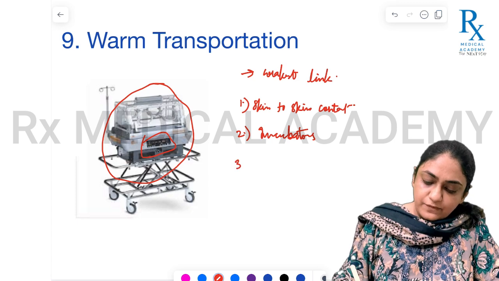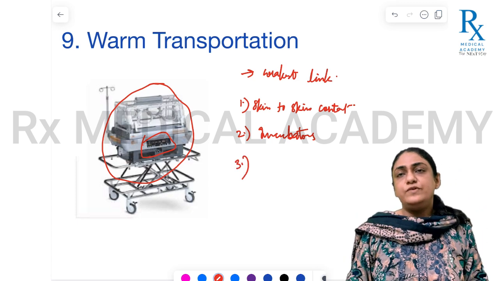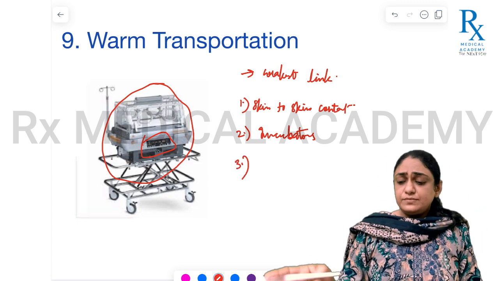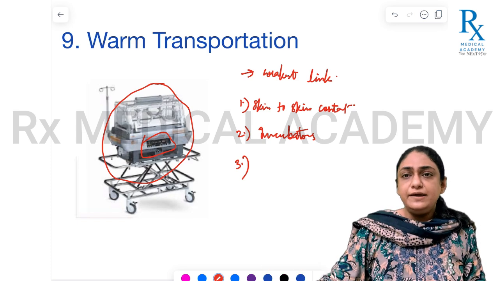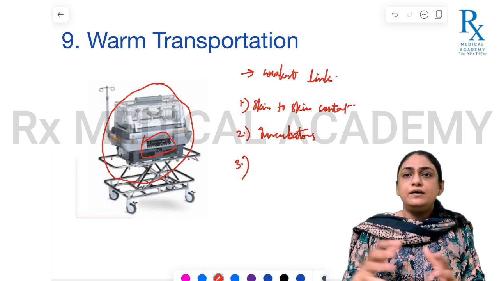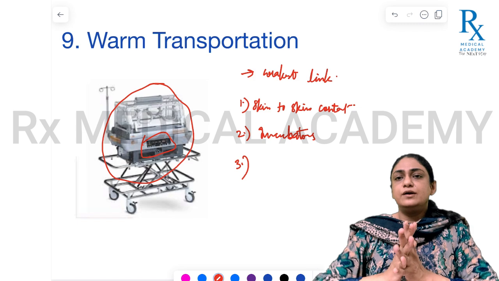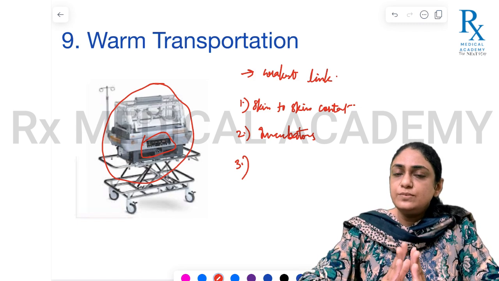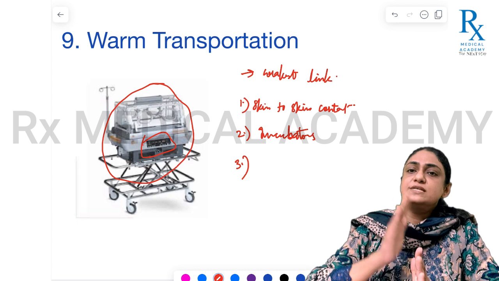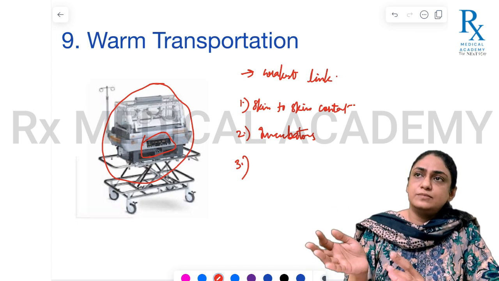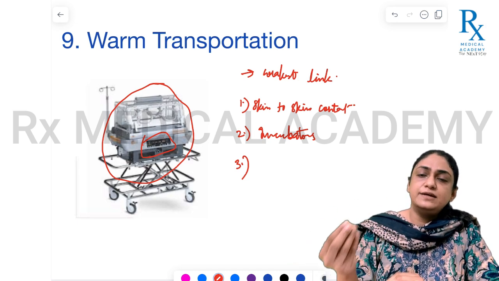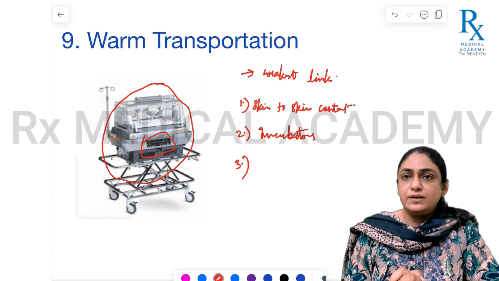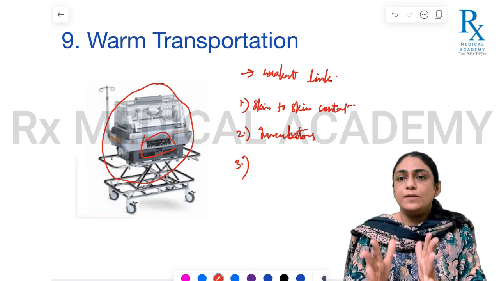Third is a very interesting one. Suppose there is a mother who goes into preterm labor. Now she presents to a peripheral hospital, to a primary healthcare center, with labor. Now you have two options.